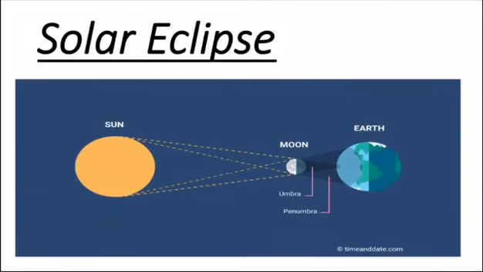A solar eclipse occurs when the moon passes in front of the sun, causing its shadow to fall on certain portions of the earth. The eclipse is not seen from every place on earth, but only from the locations where the shadow falls, and from these locations it appears as if the sun has gone dark.